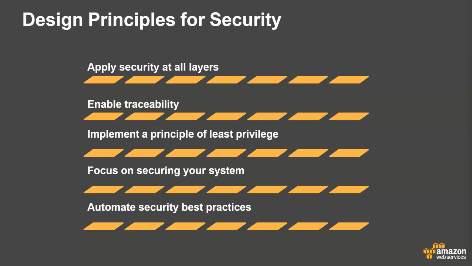Then focus on securing your system. Definitely, you need to implement AWS services that will enhance the security of your system, such as GuardDuty, and WAF if it's at the application level, and so on. Then, of course, automation is very key. Automation will definitely apply across all these pillars.